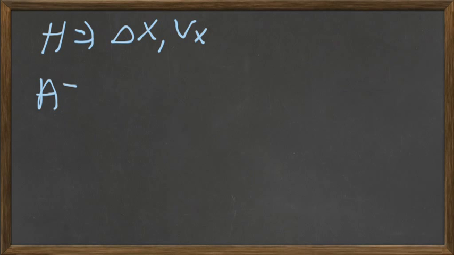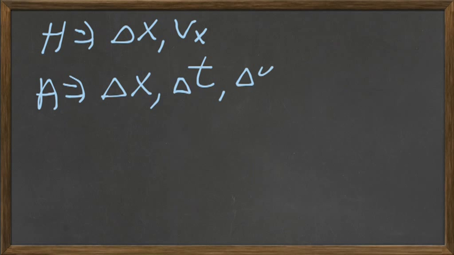For projectiles launched at an angle, the three things you will be asked to solve for tomorrow. Again, how far does it travel horizontally? But also, how long is it in the air? And how high, ultimately, will this object travel?